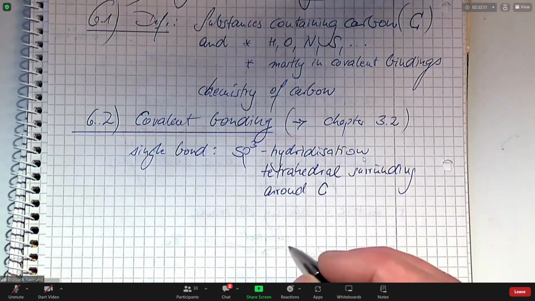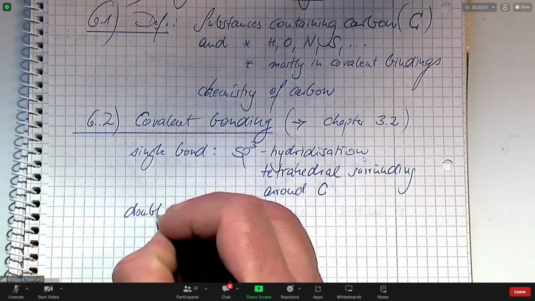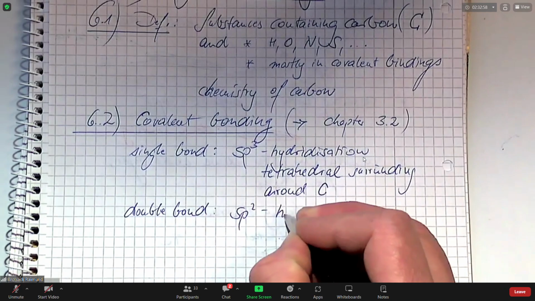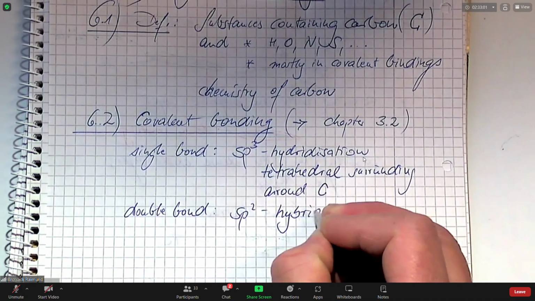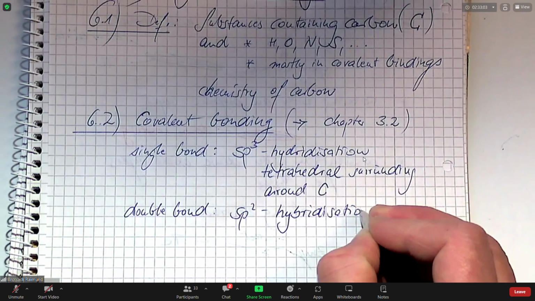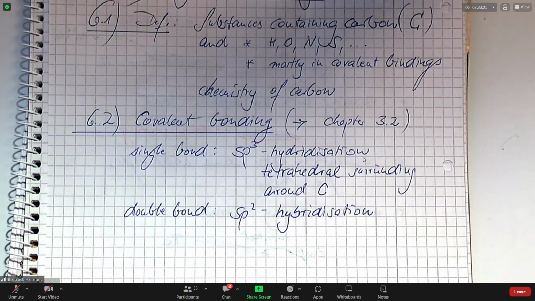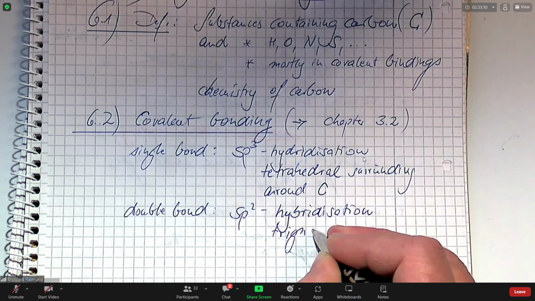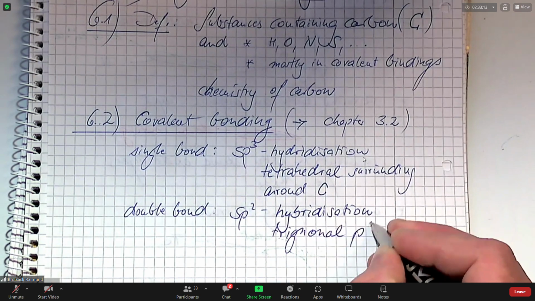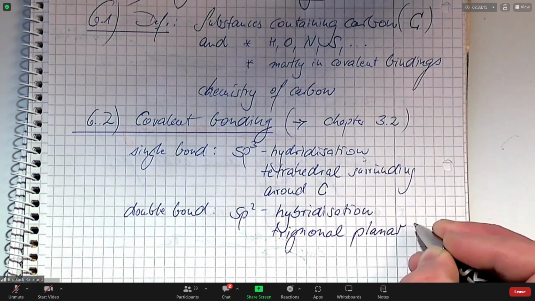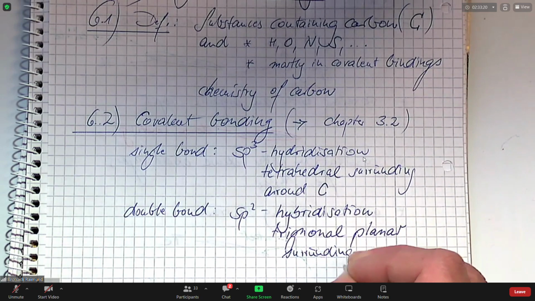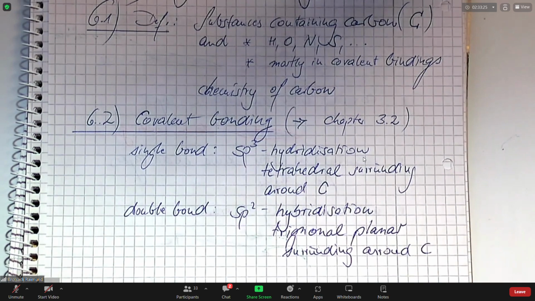Then we have double bond. Here we talk about sp2 hybridization. We have a trigonal planar surrounding around the carbon.